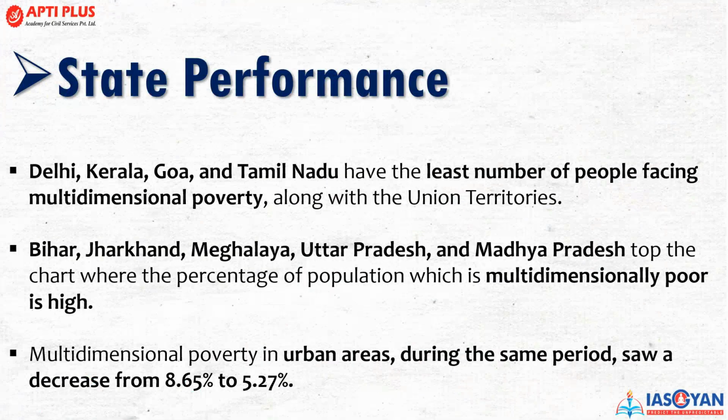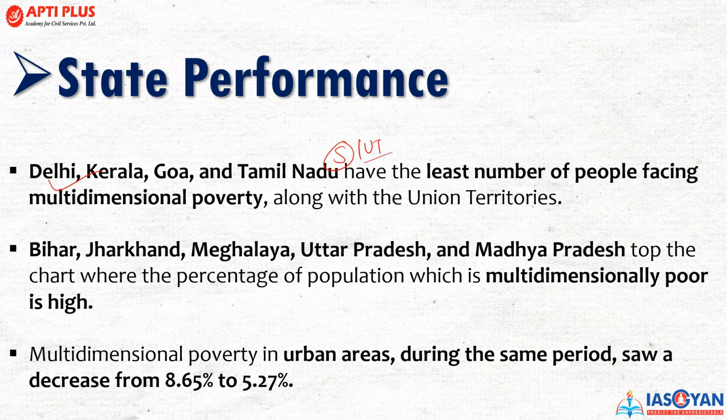Now, looking at the state performances, Delhi, Kerala, Goa, and Tamil Nadu have the least number of people facing multidimensional poverty, both among the states and the union territories.